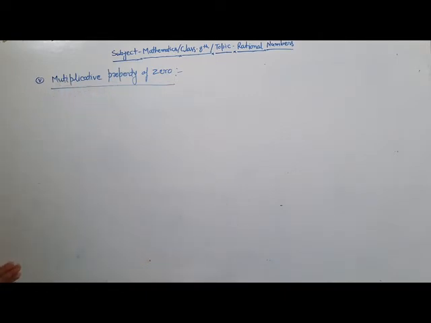If any rational number is multiplied with 0, the result is always 0.